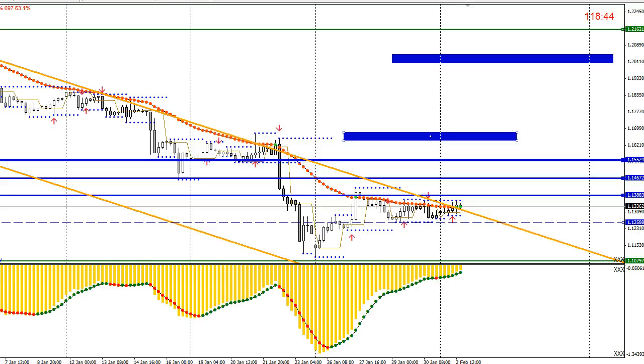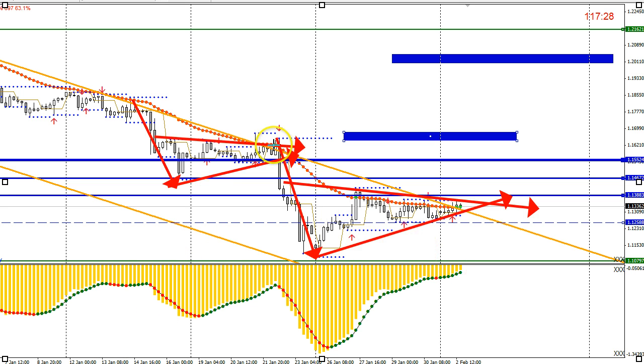The first thing on the 4 hour is that we can see a configuration pattern that has been created, and basically it's a bit of a triangle. So I'm going to draw it. If you can see, the market went down here on the previous move down and is now consolidating into a triangle pattern on the 4 hour chart.